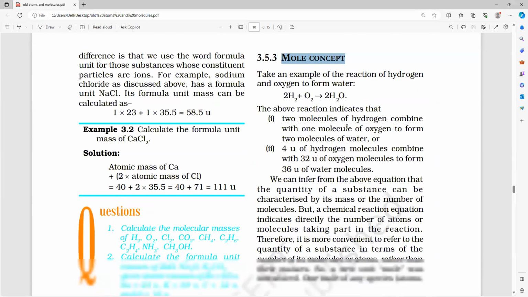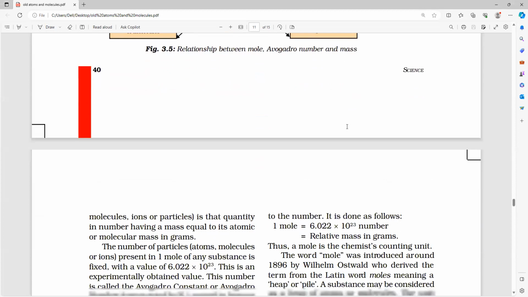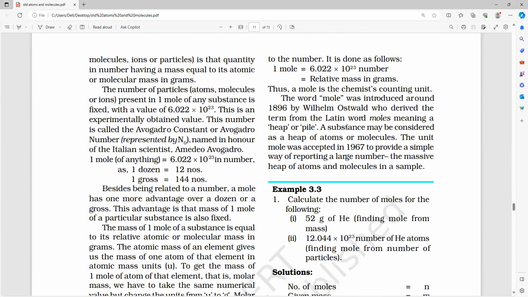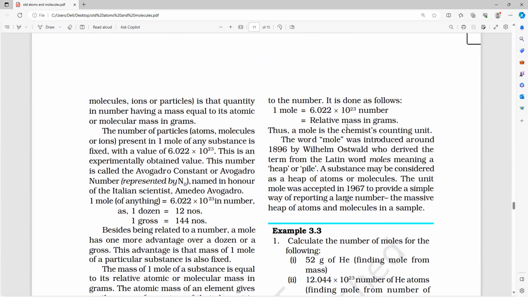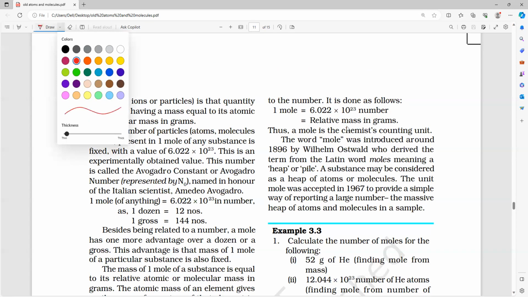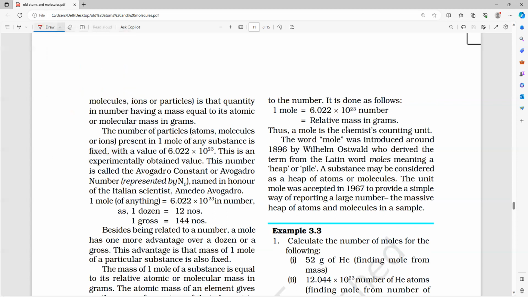You can see the mole concept is the same for everything, for ionic compounds or covalent compounds, doesn't matter. The most important thing you have to remember here is, 1 mole of any substance is equal to what? All of you. Avogadro number, which is equal to relative mass in grams.